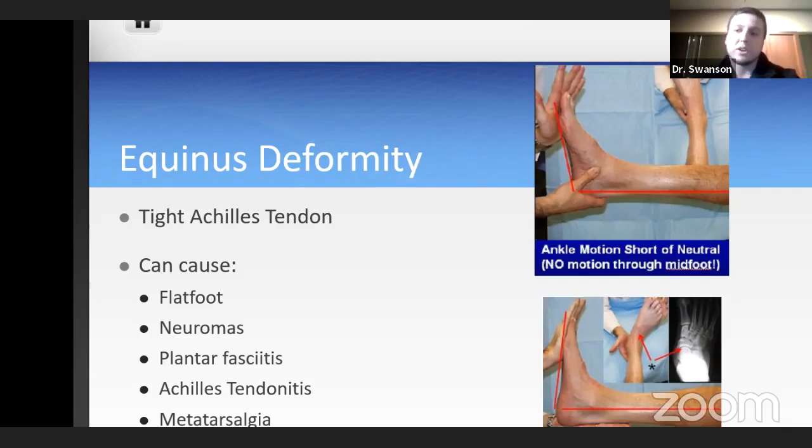We have difficulty bringing our toes and ankles up when we're walking. A tight Achilles is the most deforming force of the entire foot and ankle, so very important to address this. Equinus can cause flat foot, neuromas or inflamed nerves, plantar fasciitis, Achilles tendonitis, and also metatarsalgia, which is pain under the balls of our feet.